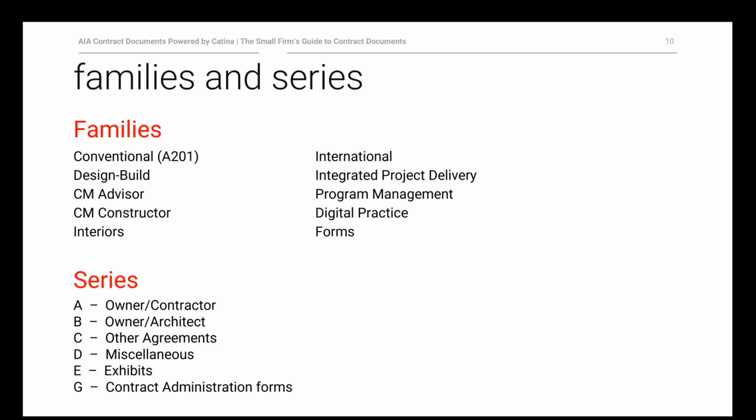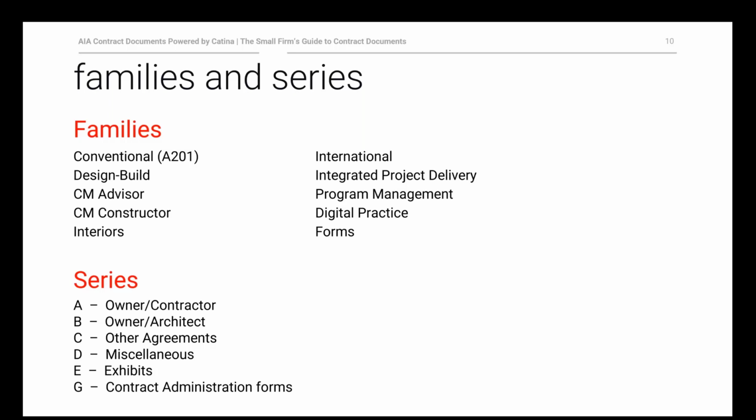Many of them focus around delivery models. So the conventional family, which is sort of the flagship family for the AIA document program, and its flagship single document, the A201, is based on the design bid build delivery model.